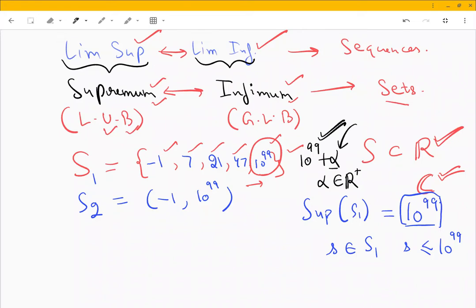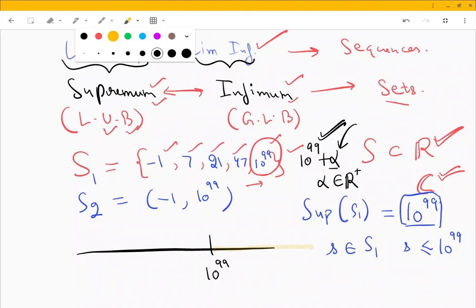So if we were to represent it on a number line with 10 to the power 99 here, all real numbers beyond this are a bound for this set, right? Similarly, okay, and let's stick to this first.